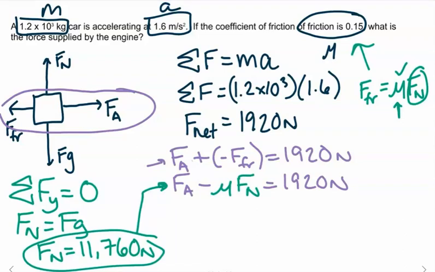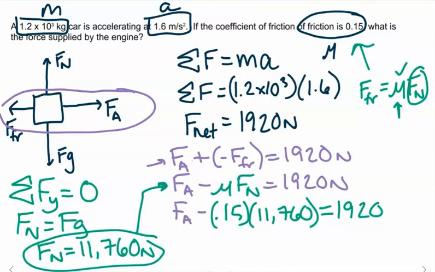So again, we have applied force, what we're solving for. We have mu, which is 0.15. And then we have our normal force, which is 11,760 newtons, and that's going to be set equal to 1,920 newtons.